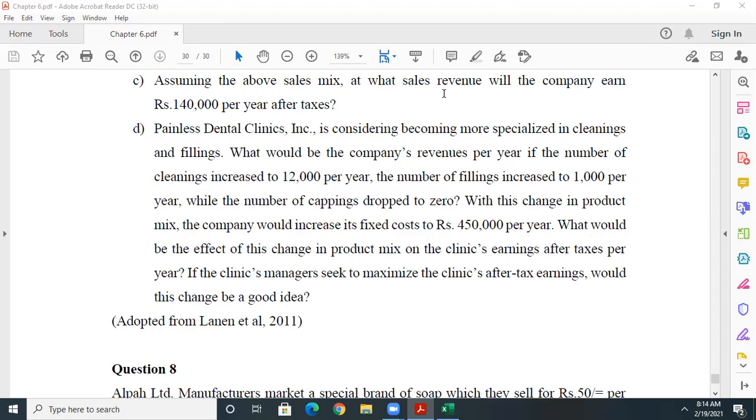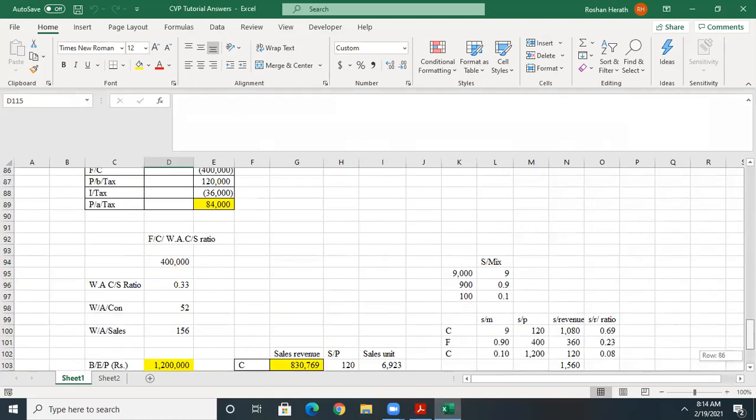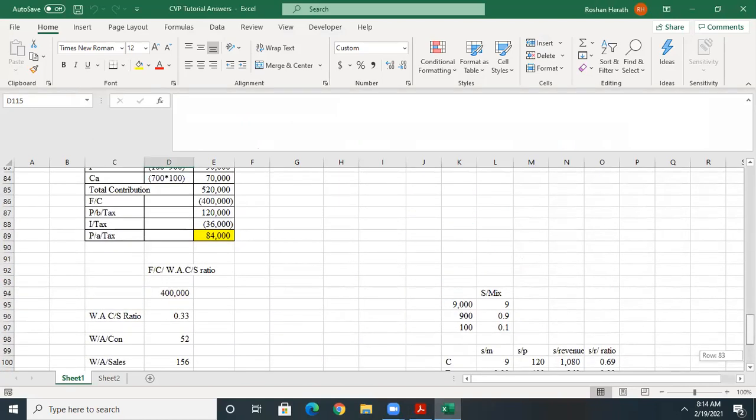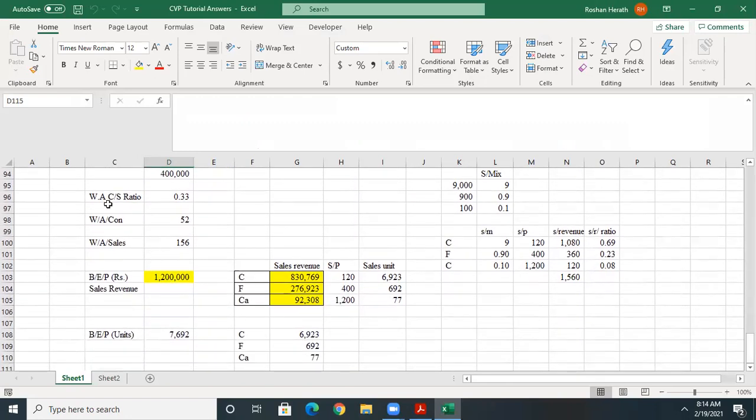Right, okay, without taking much time, let's look at that. So we are in the middle of the question. Earlier we worked out the weighted average CS ratio. It's just a matter of taking the weighted average contribution divided by the weighted average sales.